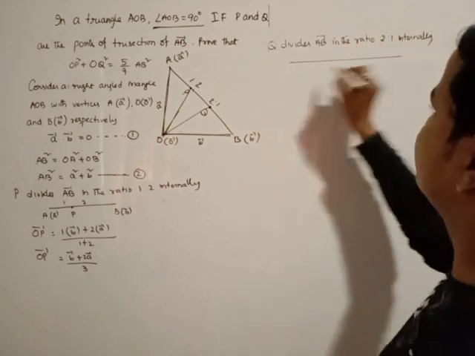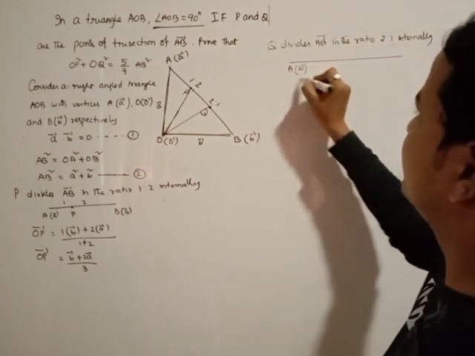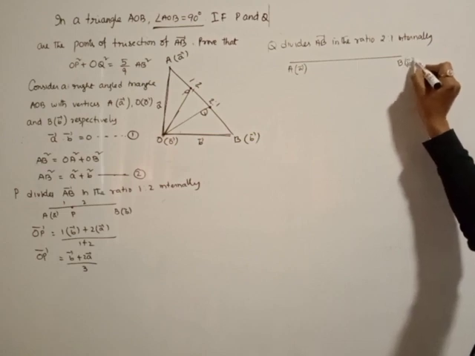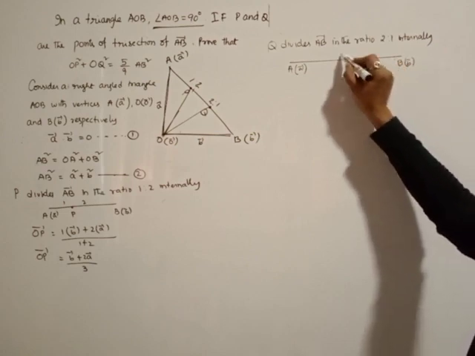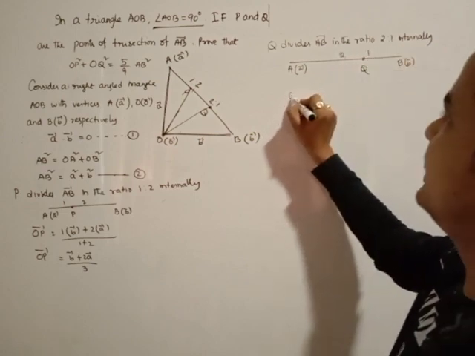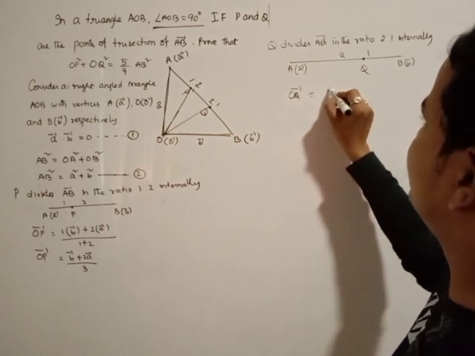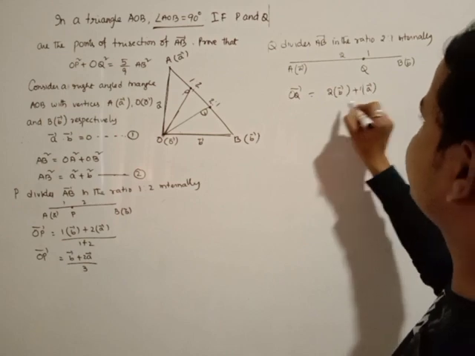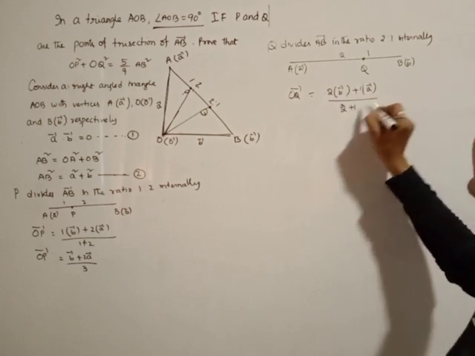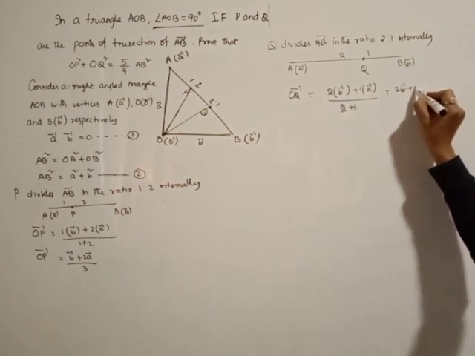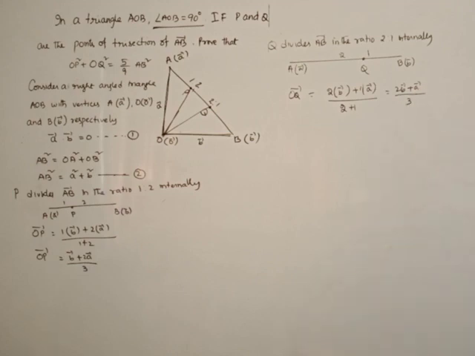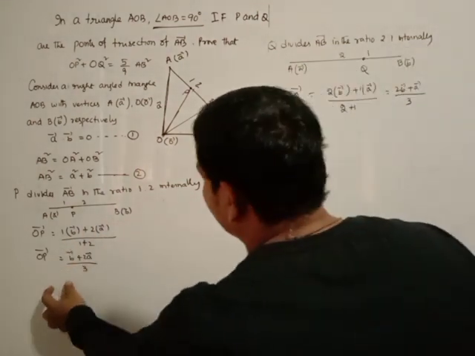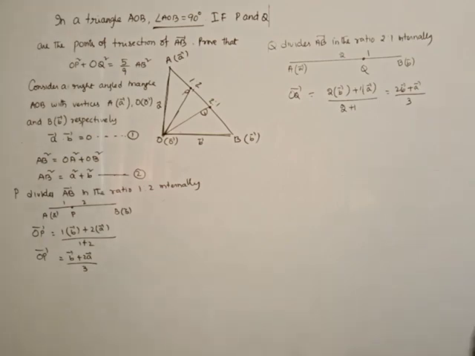So here it is A with position vector A bar, B with position vector B bar, and the point Q, with ratio 2:1. So OQ bar is equal to 2 into B bar plus 1 into A bar by 2 plus 1, that is 2B bar plus A bar by 3. Okay, so now I have found OP bar and OQ bar.